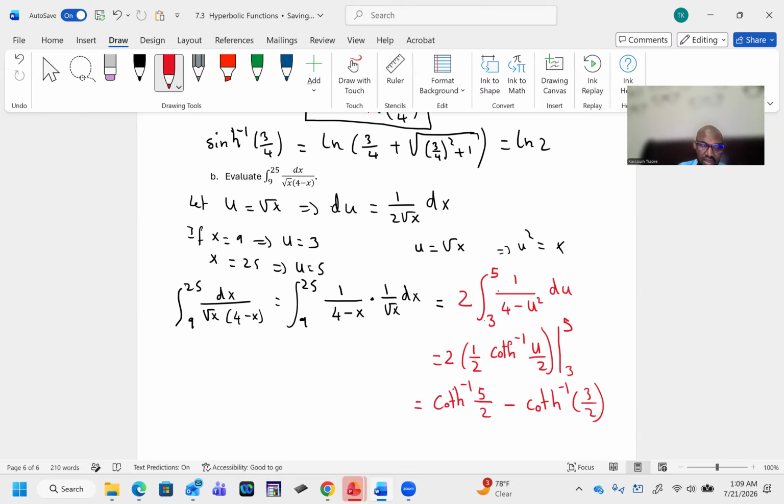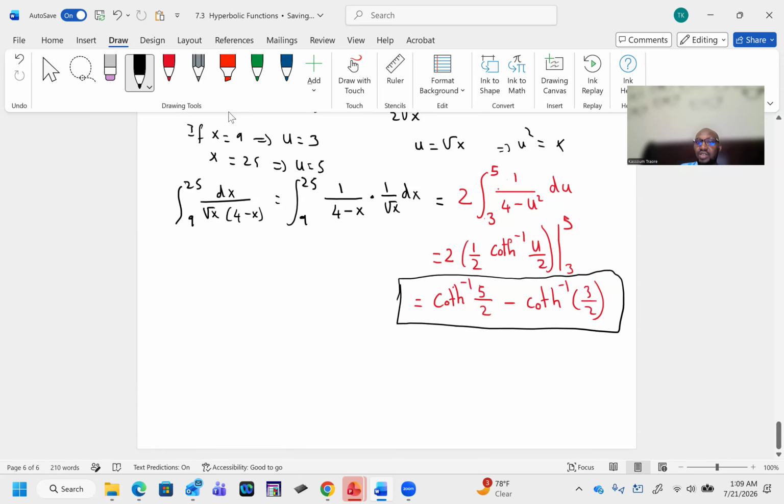So again, you can go ahead and try to find the approximate value using the inverse hyperbolic cotangent, or sometimes you would be using some identities. Okay, so this is what I was trying to teach you in this section. I will see you in the next one.